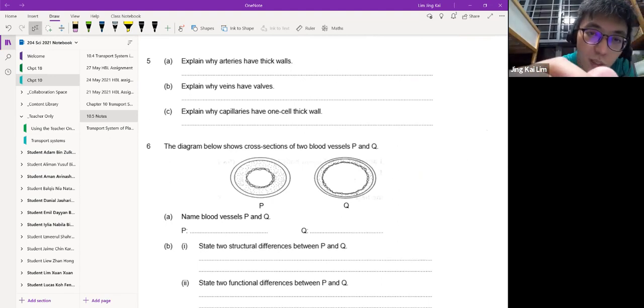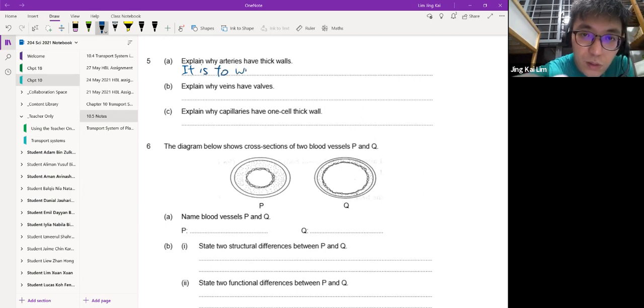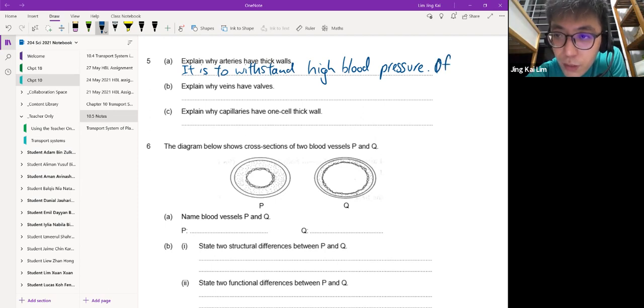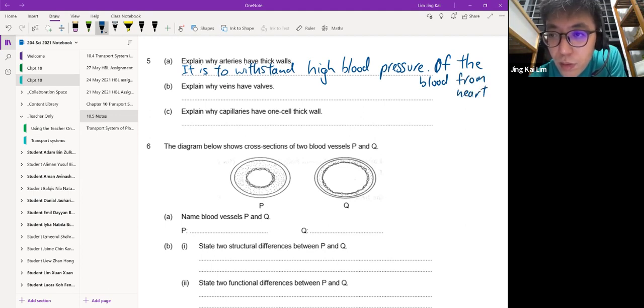So these arteries must be able to withstand the high blood pressure.